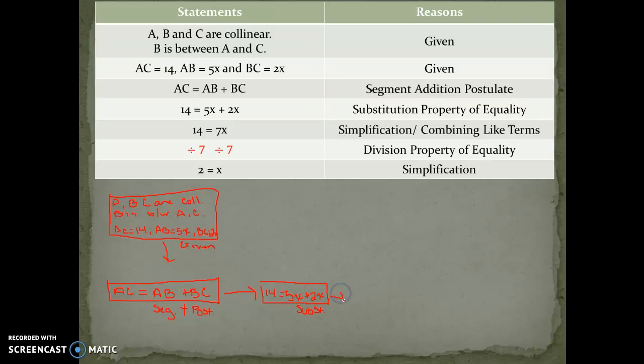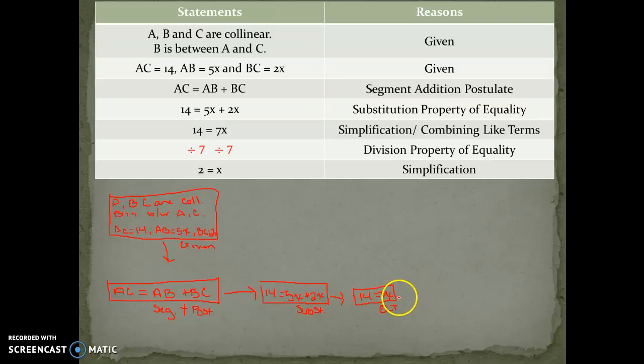After that, the next thing that we were able to say was 14 is actually equal to 7x. And that was just simplification or combining like terms. So I'm going to do CLT. That stands for combining like terms.